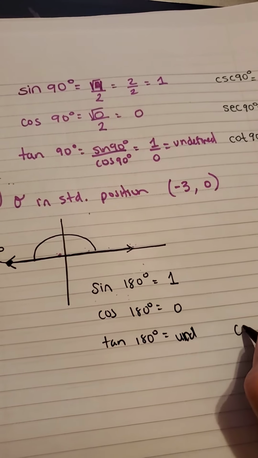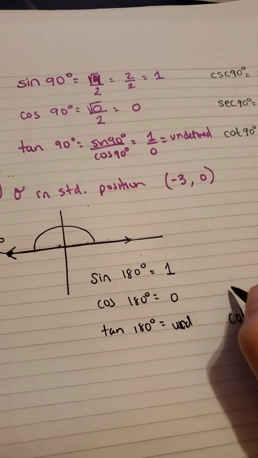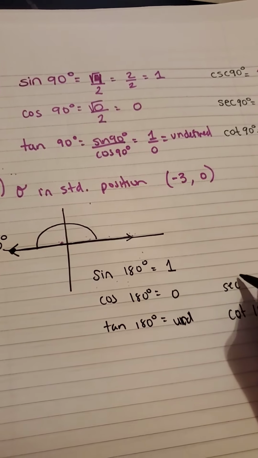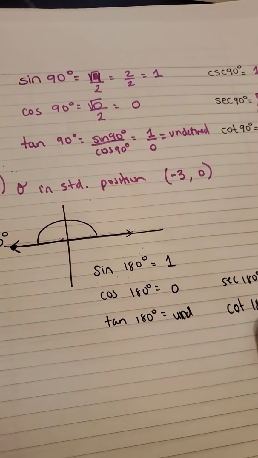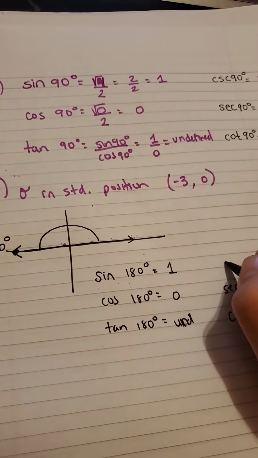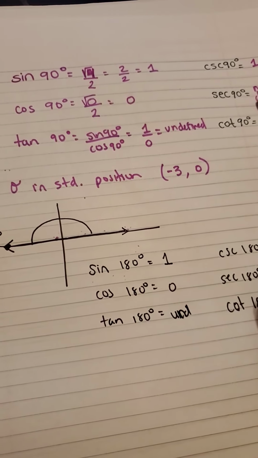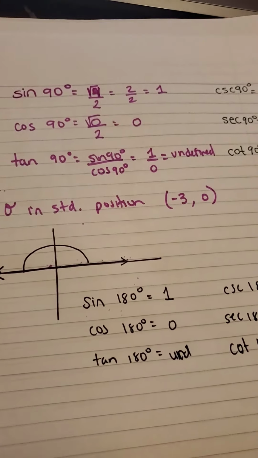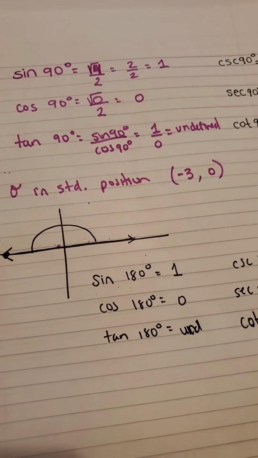We have cotangent of 180 degrees equals 0, and secant of 180 degrees equals undefined, and cosecant of 180 degrees equals 1. The only thing that's going to change is the sign.